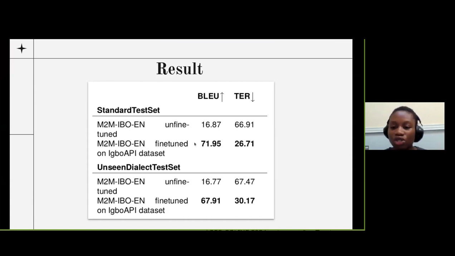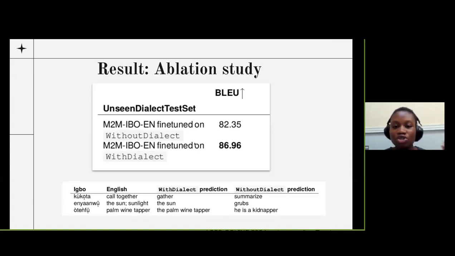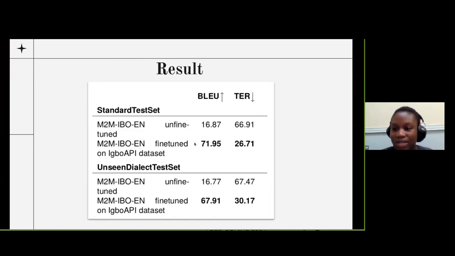And wondering on what could be the reason, we tried to look at our result again by doing an ablation study. So this study we conducted by trying to investigate the effects of this dialectal infusion in our fine-tuned model to actually detect whether truly these dialectal variations are important or actually affect the model, or if maybe something else is affecting our model that is giving it this high score.